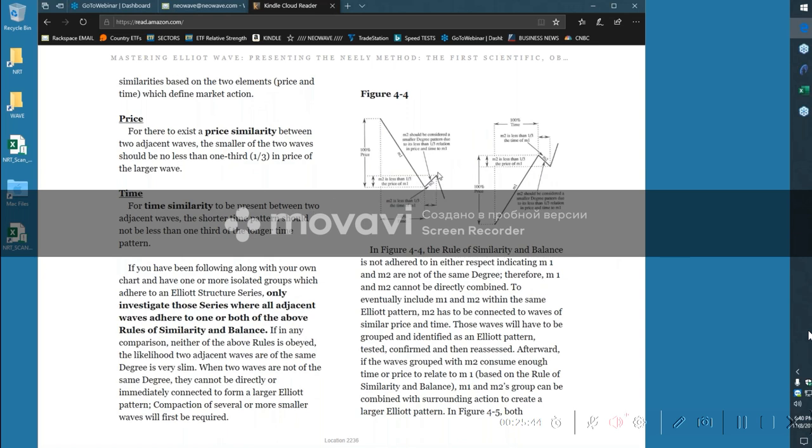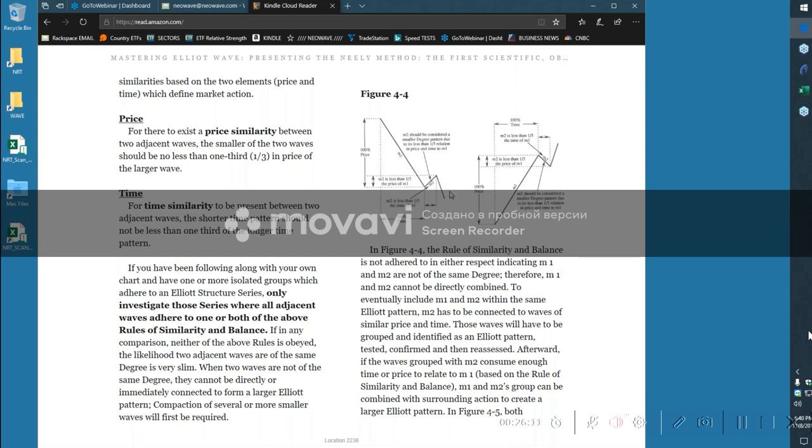So here I would have a 3 of a lower degree, and you might want to actually put a dividing line on your chart just to remind you this is the end of a bigger degree pattern. This is the start of a smaller degree, and you don't want to have anything after this connect to this until this takes enough time to relate to this. So it would have to take at least a third of the time and or a third of the price to be considered the same degree.